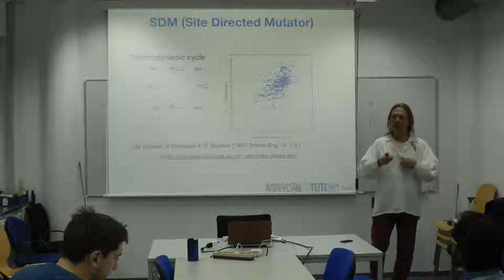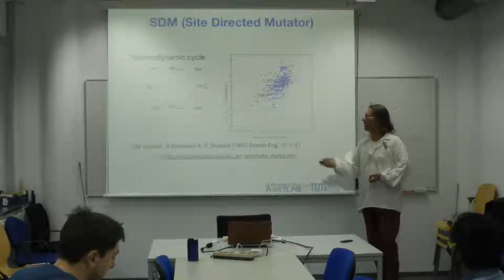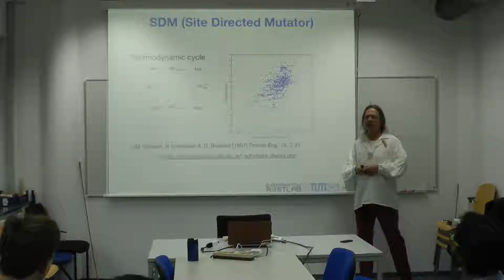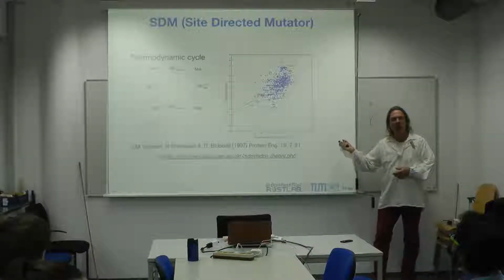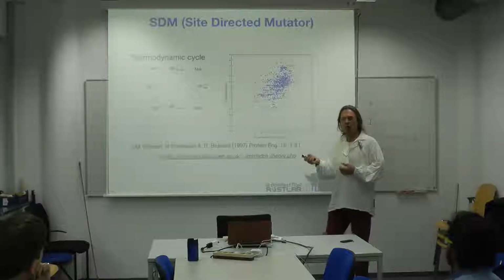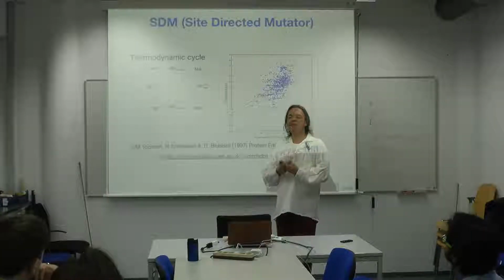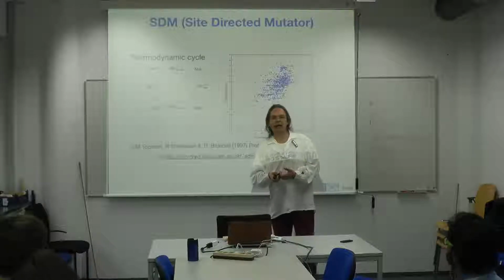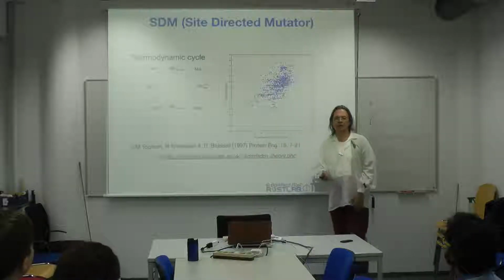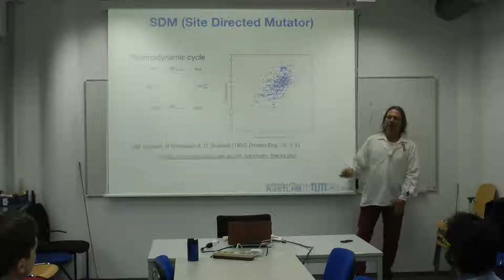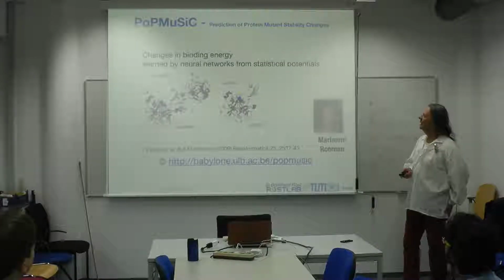Okay, you have a particular mutant, you see how much the energy changes, or how much this cycle is affected, and this is what the machine learns as data. Essentially, it learns the effect of a variant upon the energy of binding, in terms of going through some thermodynamic cycle.